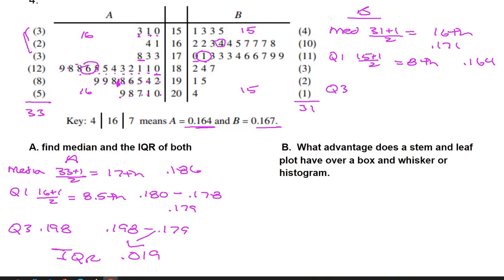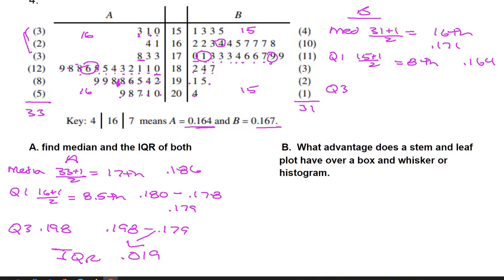Q3 is also going to be the 8th piece of data, either after the median or from the end. It doesn't make a difference. If I go here, 1, 2, 3, 4, 5, 6, 7, 8, that puts me right there. Or I could go backwards, 1, 2, 3, 4, 5, 6, 7, 8. You see I end up in the same number.